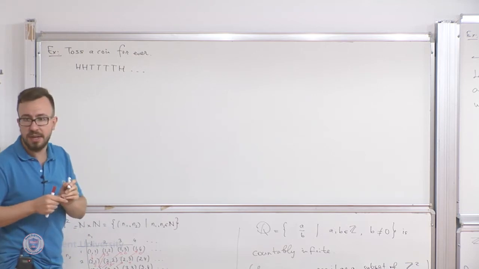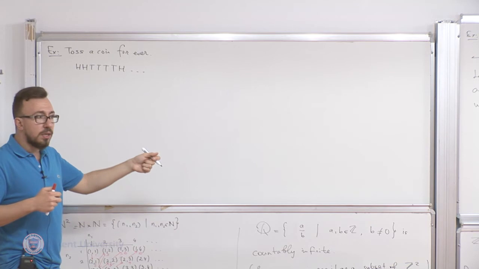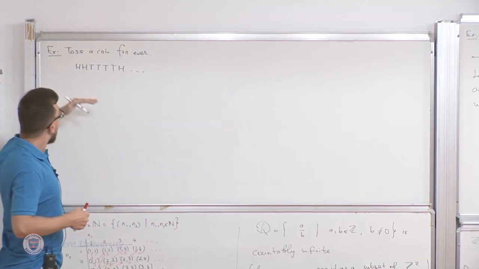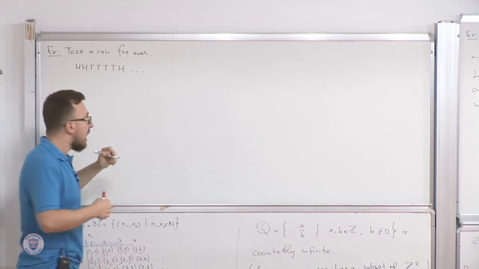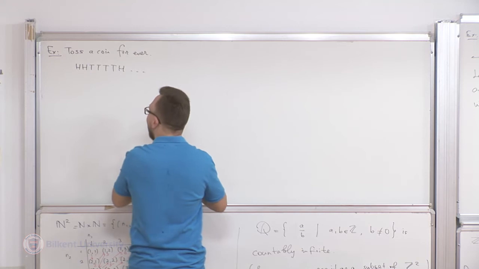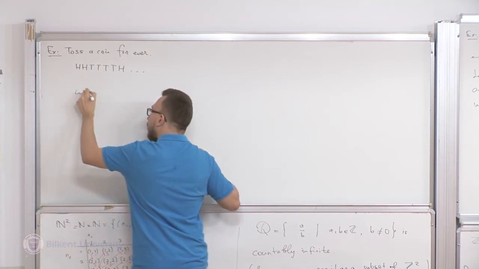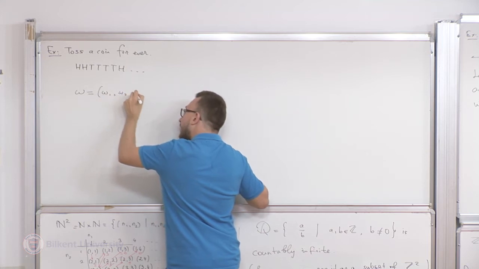There is no end to that, because I never end the game. So that's why my outcome is an infinite sequence. Okay? And this is not a very mathematical way to write it. So that's why we're introducing this notation, omega 1, omega 2, etc.